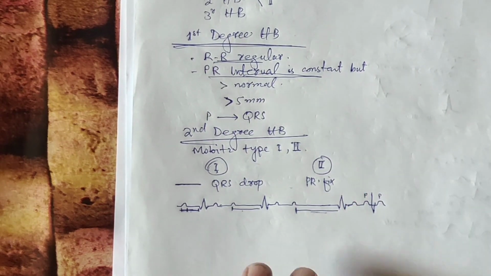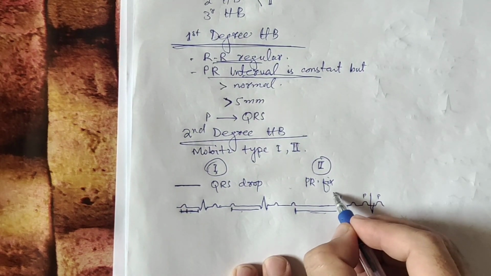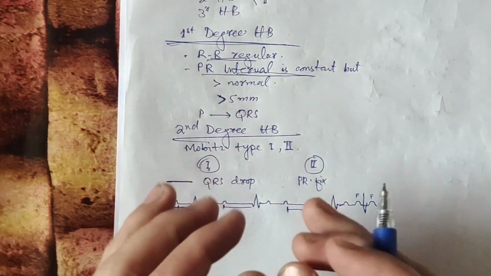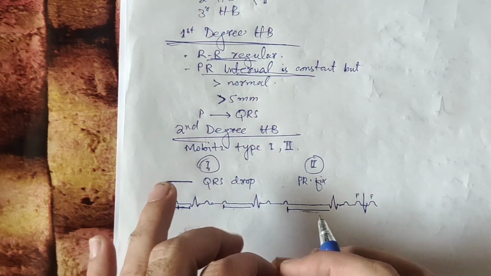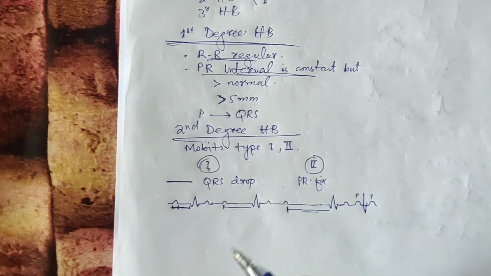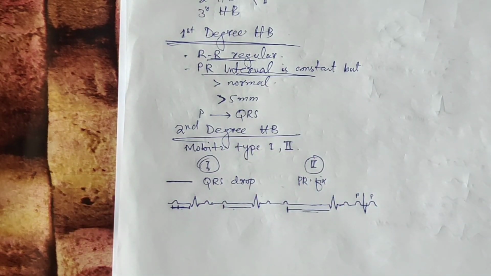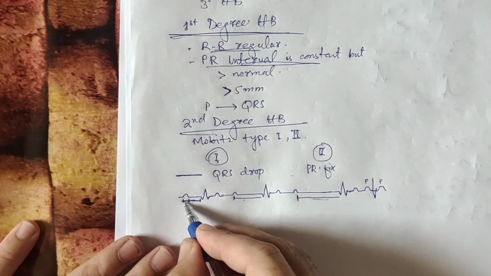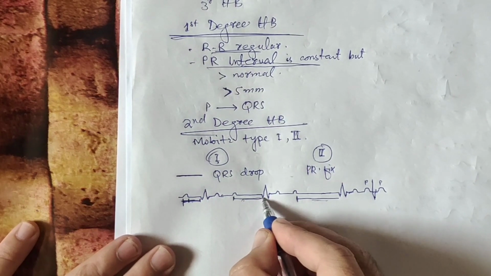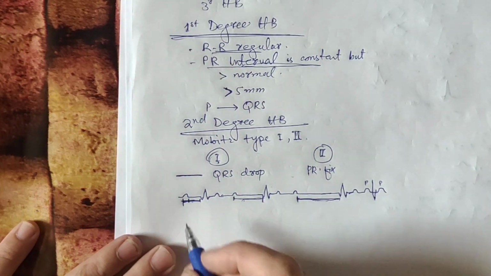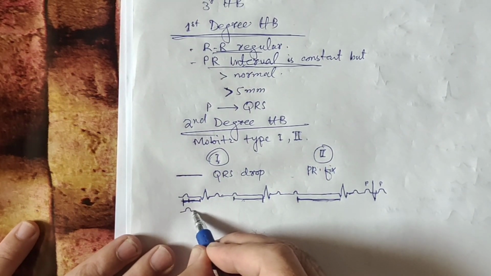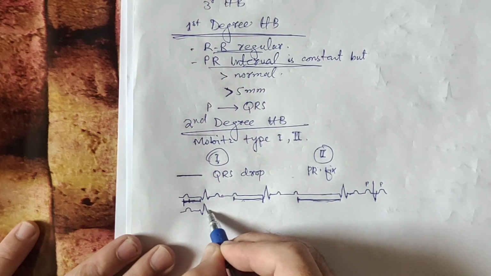In type 2, the PR interval is fixed, whether lengthened, shortened or normal, but it's fixed. But a P wave is not followed by QRS when there is a QRS drop. RR is irregular in Mobitz type 2. The PR interval is lengthening in type 1, but it is constant in Mobitz type 2.